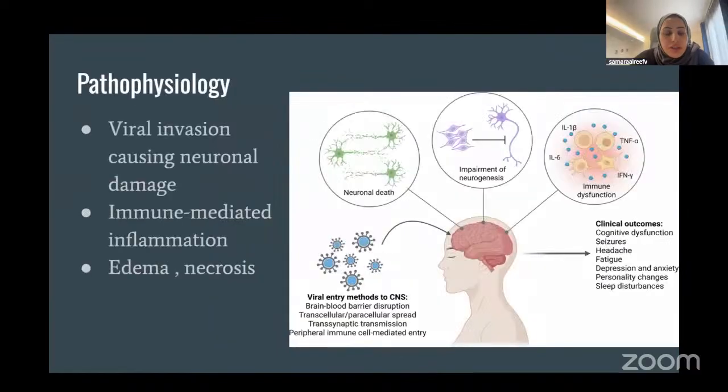Now, the pathophysiology of encephalitis: usually viral invasion causes neuronal damage. It can also be immune-mediated, like we mentioned in ADEM, and causes edema and necrosis of the brain parenchyma.